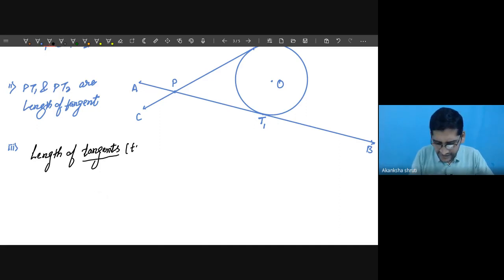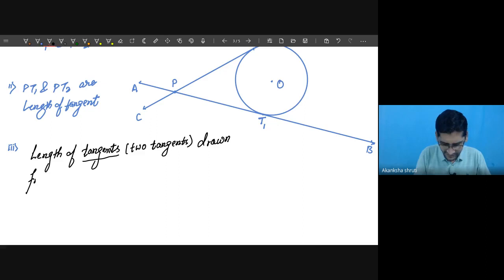Two tangents basically, or sometimes also written as length of two tangents drawn from an external point.